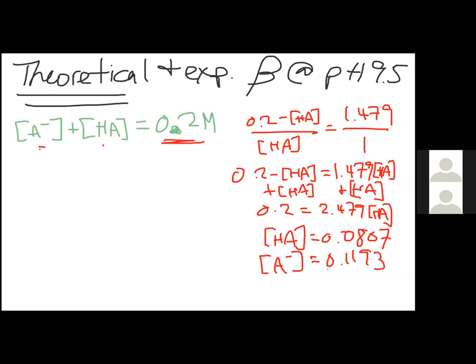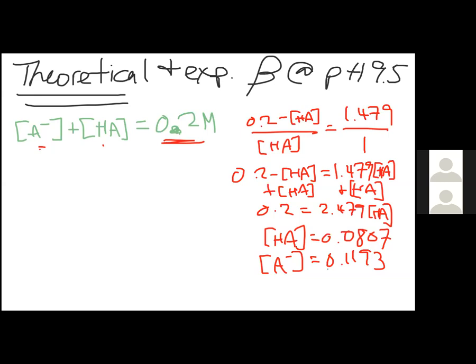Now, just looking at these two concentrations, remember that I said the pKa of the amino group is 9.33, but I'm asking for the pH at 9.5, meaning we're higher than the pKa. The pH of the environment is higher than the pKa, meaning that functional group will be more deprotonated than protonated.